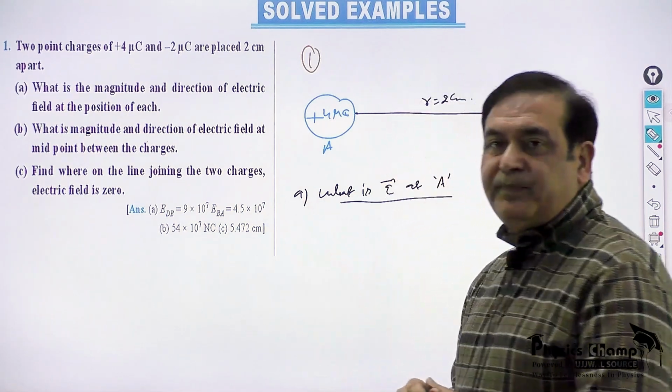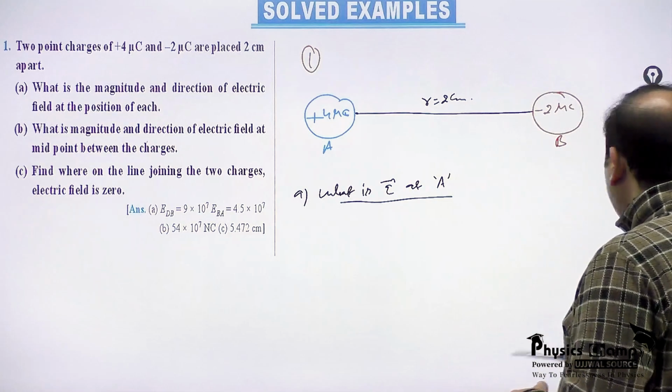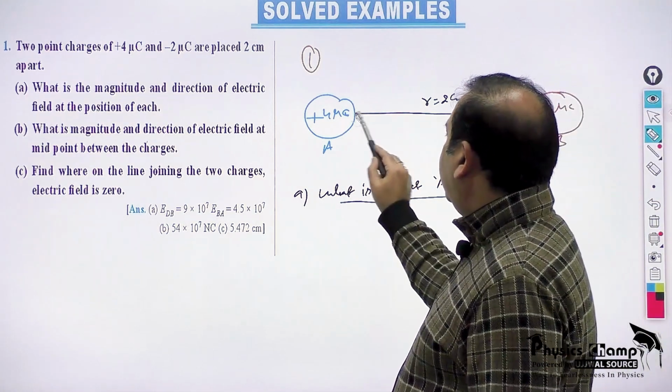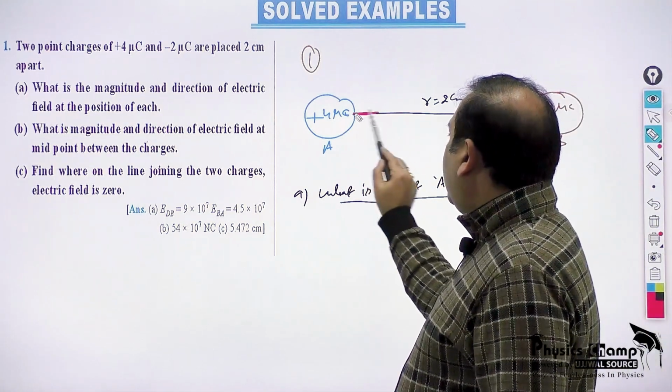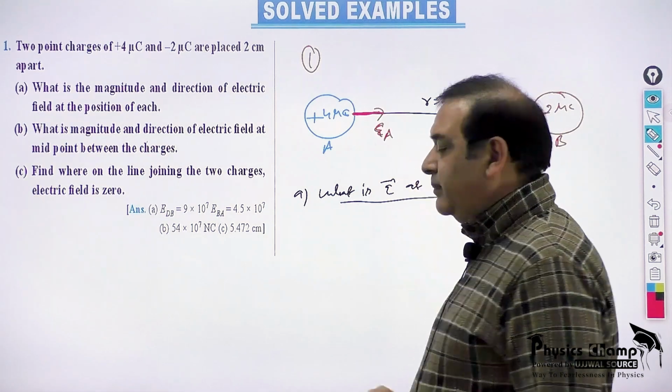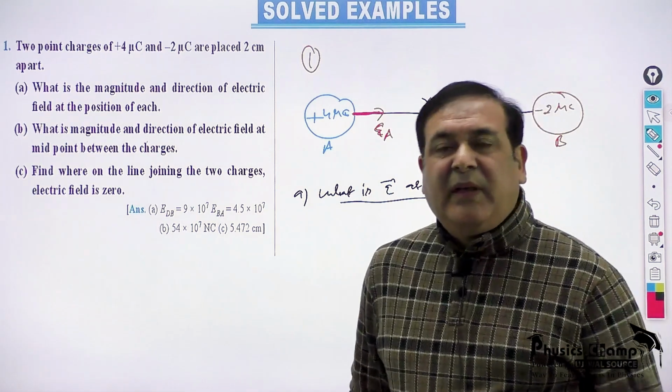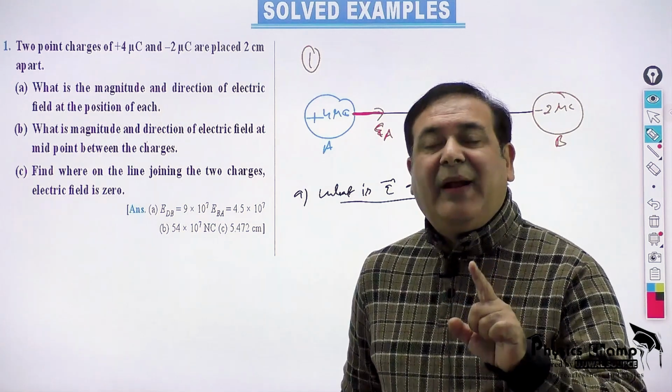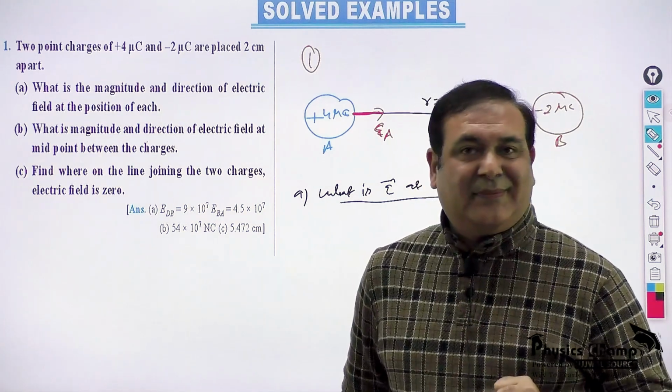So if I am looking for the electric field at A, it cannot be an electric field due to its own charge. A charge will not provide electric field on its own surface.